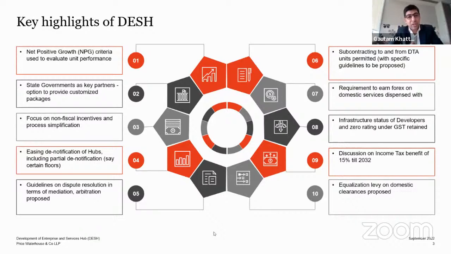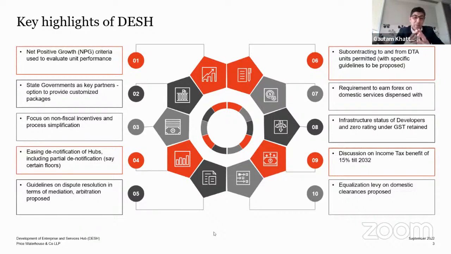So these benefits, which are currently available under a state policy for a domestic manufacturer or a manufacturer catering to the domestic market, should all be provided to units or hubs in the enterprise or service hub where they fulfill the criteria of net positive growth. So effectively, not only the benefits which the central government provides, but larger fiscal and non-fiscal incentives as provided by state governments are also likely to flow when units are operating out of these development hubs in the new era of SEZ 2.0.